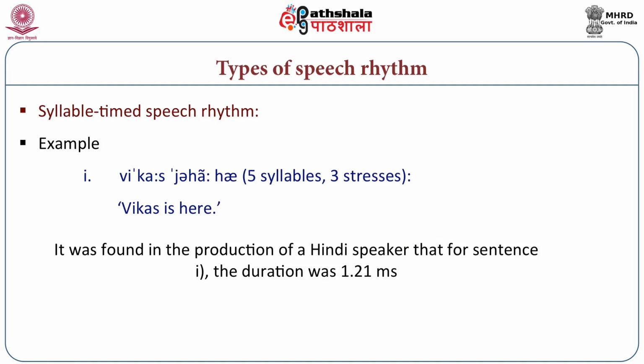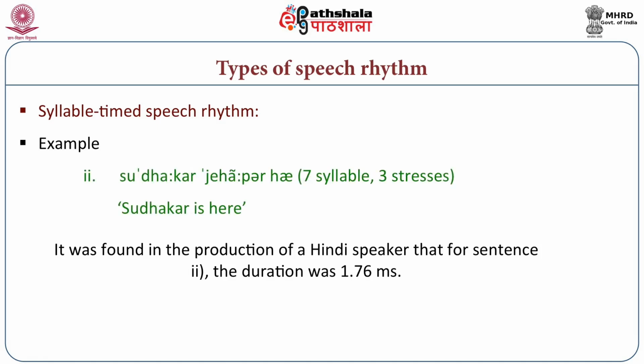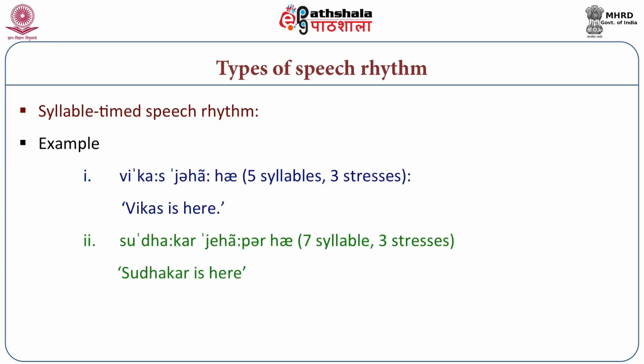The first sentence takes 1.21 milliseconds in a particular utterance that has been recorded, and in the speech of the same speaker, the second sentence takes 1.76 milliseconds. The difference in the duration is proportionate to the difference in the number of syllables here: 5 syllables and 7 syllables, 1.21 milliseconds and 1.76 milliseconds. The difference is as predicted.